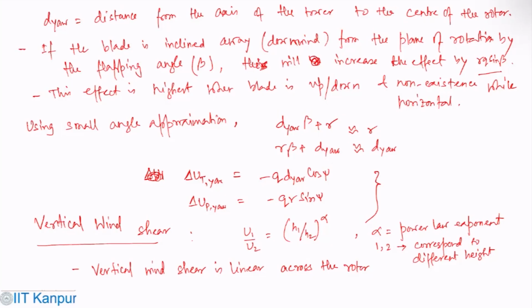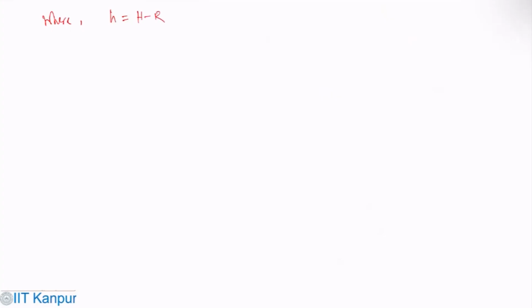Now, what will happen? We can write the free stream wind at height h as U_H equals U times (1 minus R by R K_nu_s cos psi), where H is H minus R when the blade tip is down, and H is H plus R when the blade tip is up.